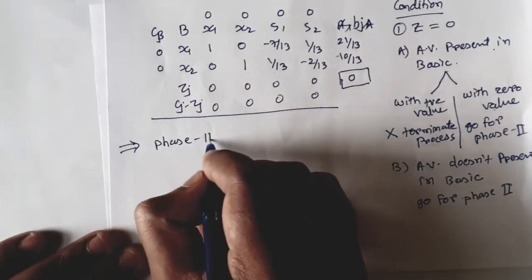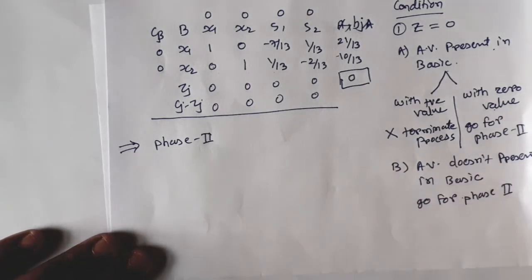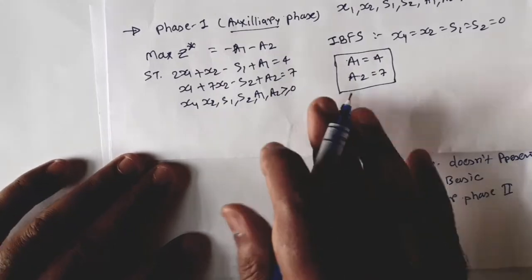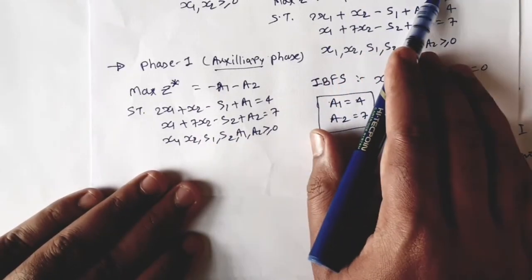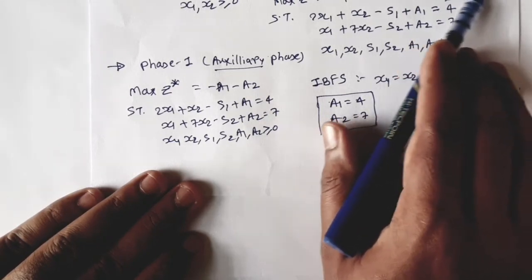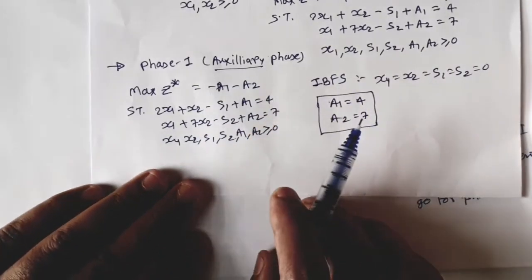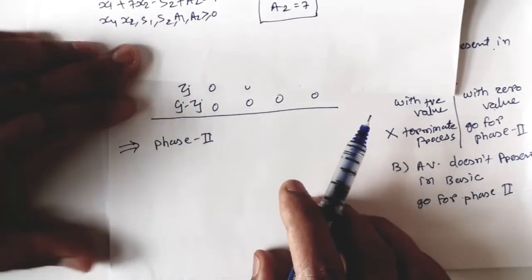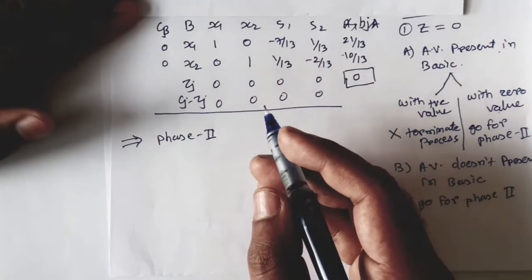In phase 2, in the previous case where we considered all the variables equal to 0, in phase number 1 we considered x1, x2, s1, s2 equal to 0, and we considered only two artificial variables, a1 and a2, in the auxiliary phase. Now in phase 2, consider the problem as it is.